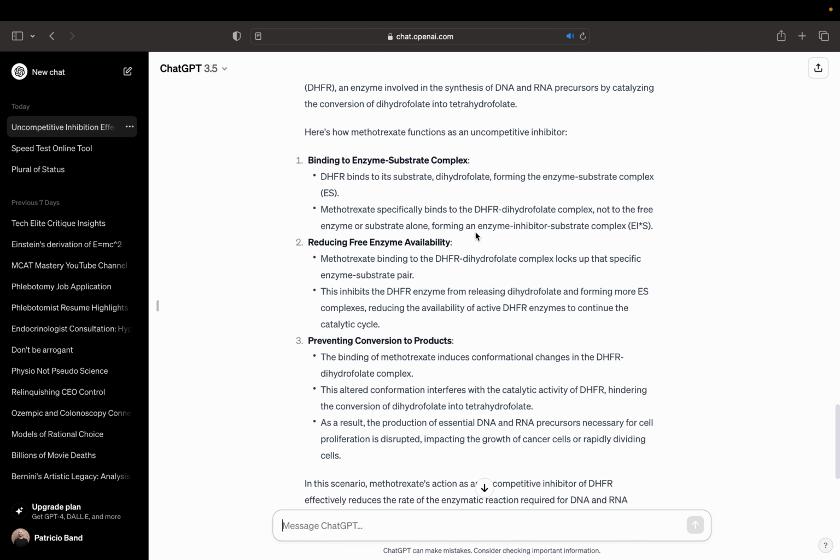Methotrexate binding to the DHFR complex locks up that specific enzyme substrate pair. This inhibits the DHFR enzyme from releasing dihydrofolate and forming more ES complexes.